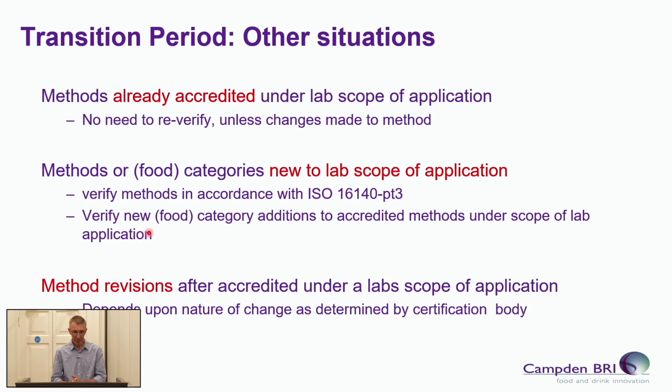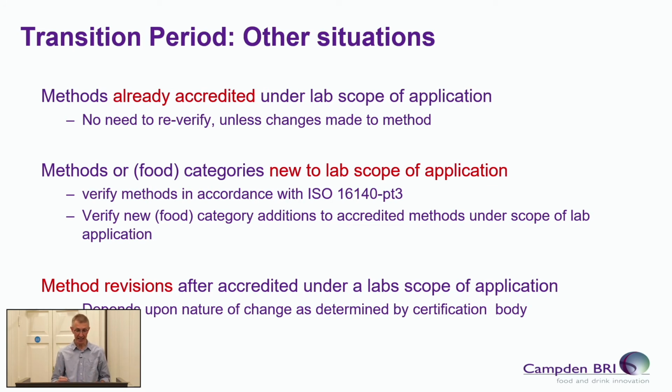And there have been various, this isn't included in any of the standards, but this is a piece of information that's been widely given out by ISO and other parties. There is a transition period when laboratories actually have to start doing verification according to 16140 Part 3.